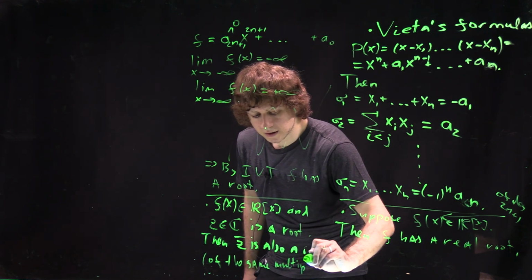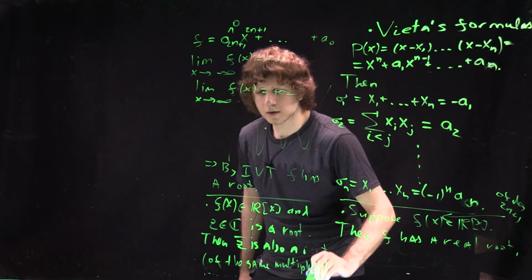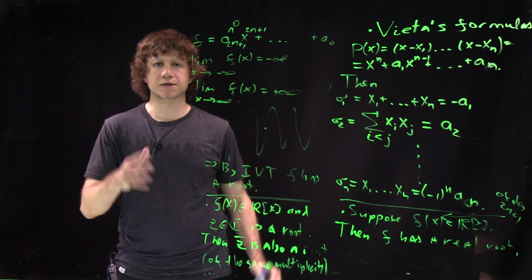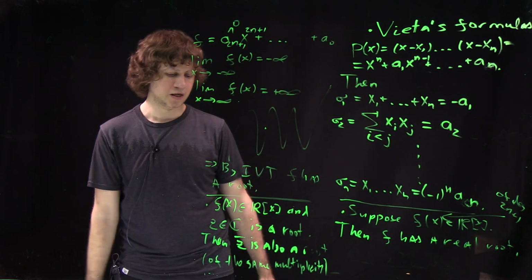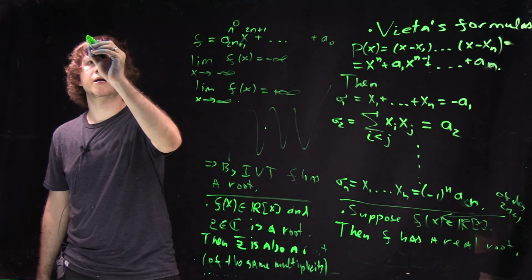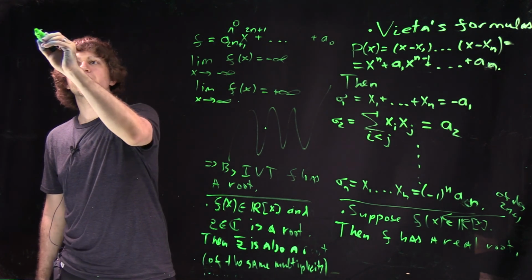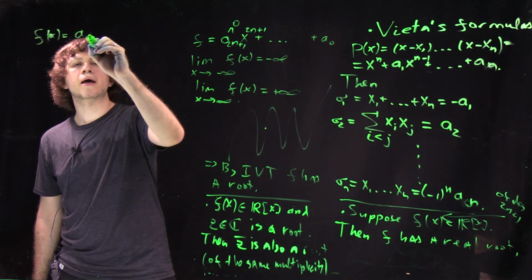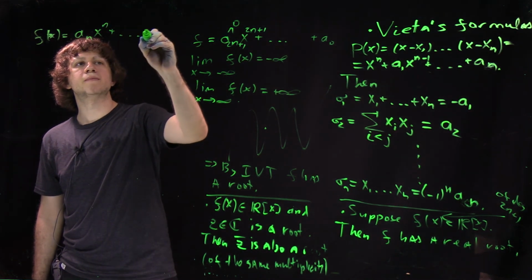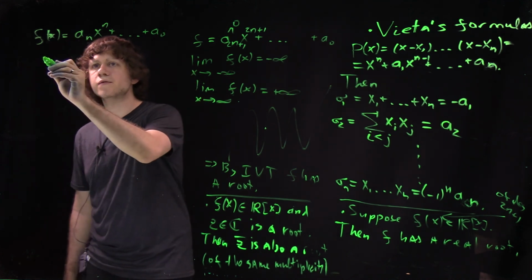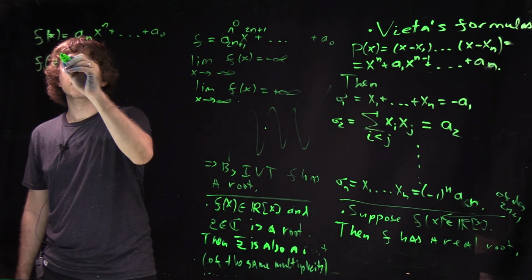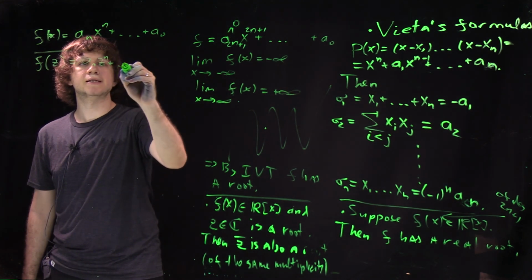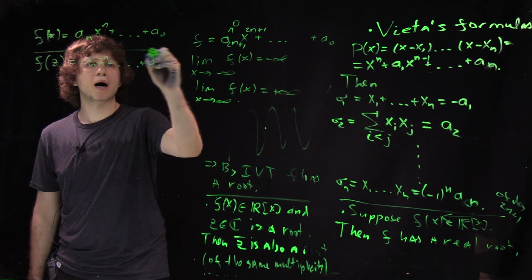So basically, if you have a real polynomial with real coefficients, complex roots go in pairs, z and z bar. Why? The proof is very simple. Imagine you have your polynomial f of x equal to a_n x^n plus and so on plus a_0, and then if you take f of z bar, this is a_n z bar^n plus and so on plus a_0.